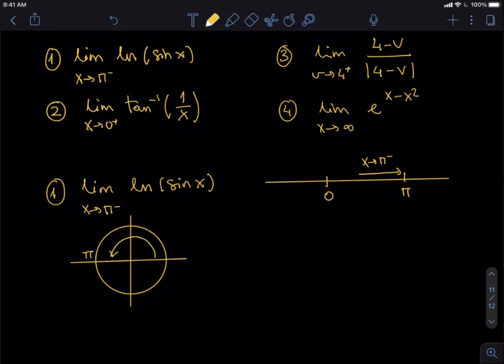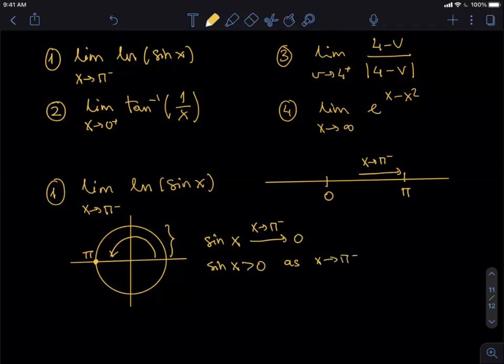The sine of x is going to go to 0. Notice that here the sine is 0 as x tends to pi from the left. And notice here that we are going through the upper part of the circle. That means that sine of x is positive as x tends to pi from the left.